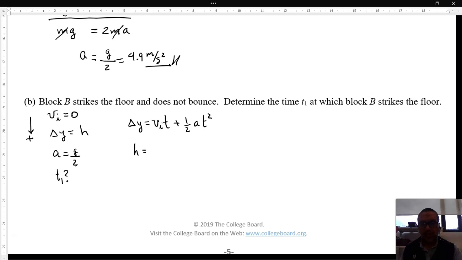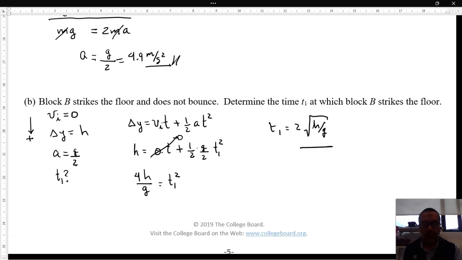Displacement is h, initial velocity 0, acceleration g over 2, and the time is called t1. 0 times anything is 0, so what you have is 4h divided by g is equal to t1 squared. Therefore, t1 is equal to 2 times the square root of h over g. And that is your answer for part B.